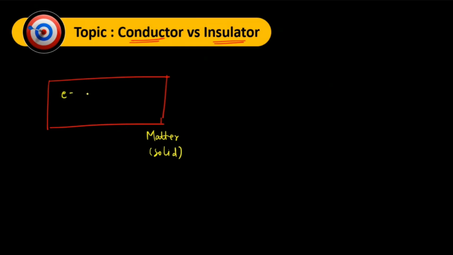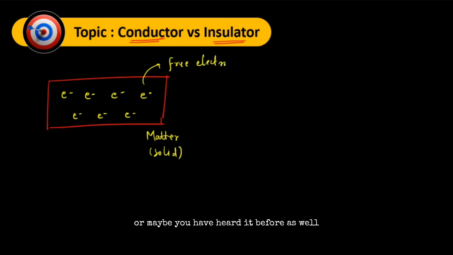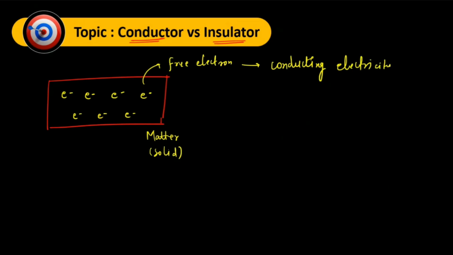Those matter which possess free electrons, this is a new term maybe for you, or maybe you have heard it before, are capable of conducting electricity, conducting heat, conducting energy. Everything is possible.